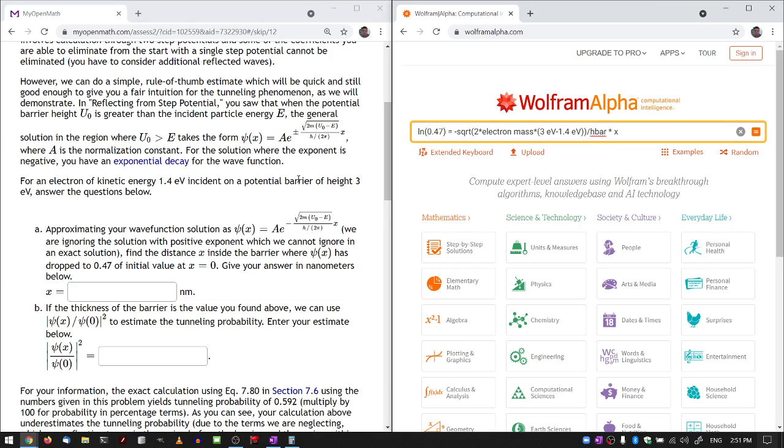We are looking for the value x, so I divide both sides by this coefficient. The calculation works out to taking the natural log of 0.47 and dividing by this, and this division should give me x.